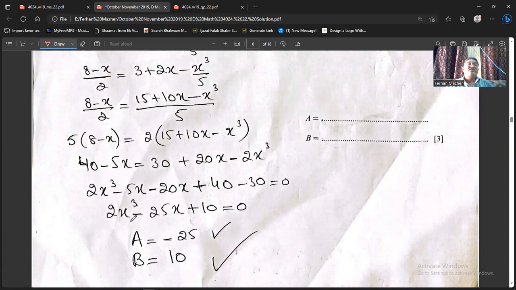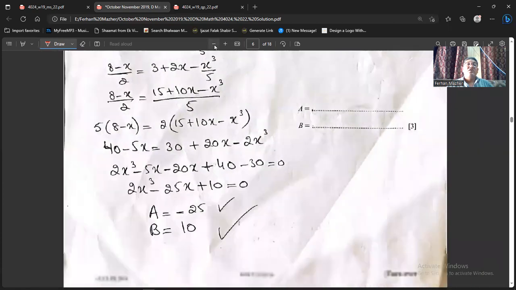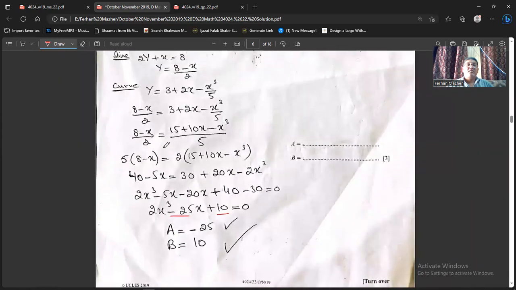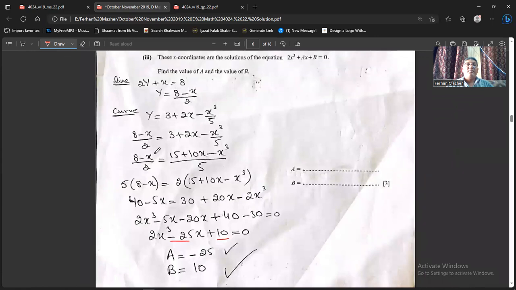So it will be 2x cubed minus 25x plus 10 equals 0. This is the a value, and this is the b value. This is what they have asked us to do. The a is the coefficient of x and the b is the constant term. So the a value is -25 and the b value is 10.